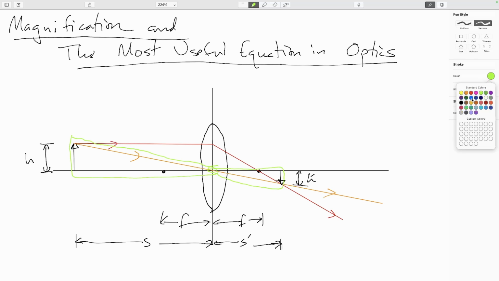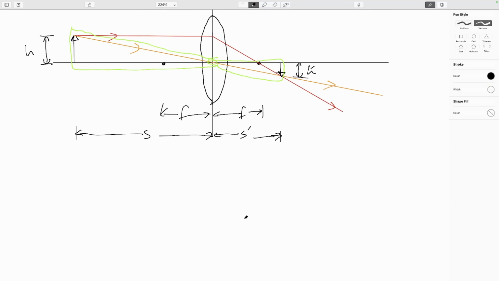So what this means is we can set up a proportion and write that h prime is to h as, I'm going to leave some space here. You normally say s prime is to s, but remember here that since the image is inverted, we want to recognize that it's upside down versus the object.